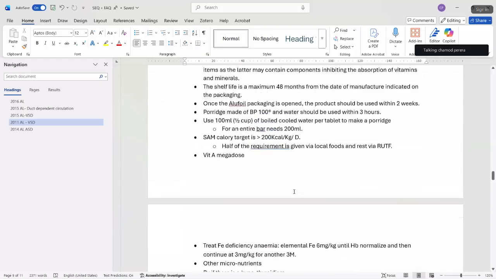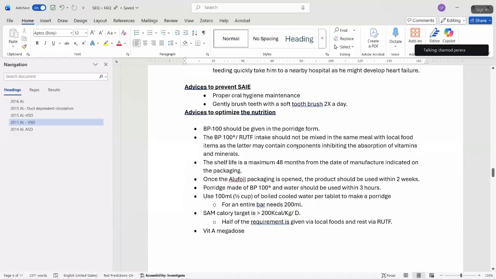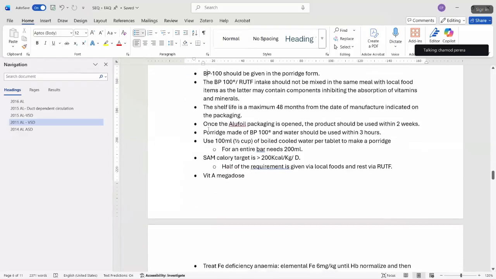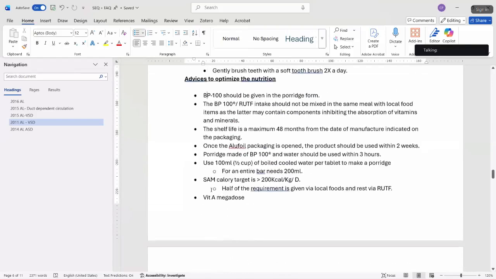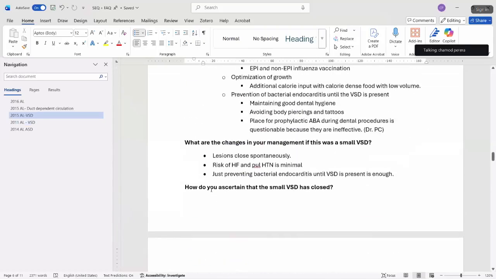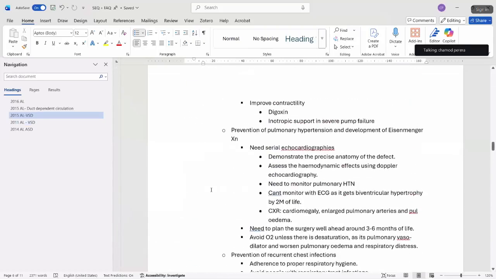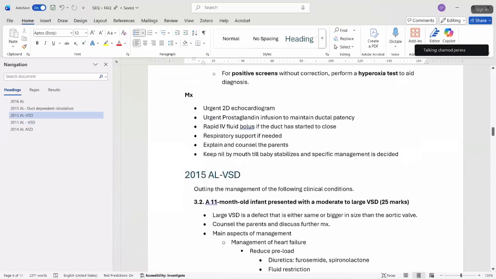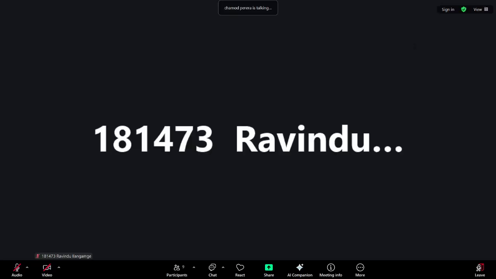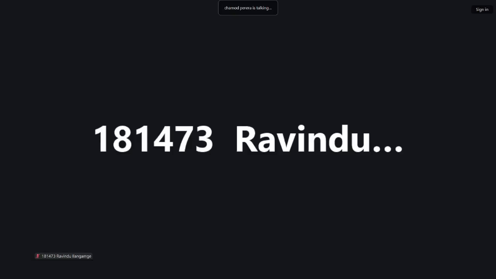I will share this document. So to optimize the nutrition in this patient, if you get such a patient in the long case, optimizing the nutrition is important, and these patients with heart failure have feeding difficulty.